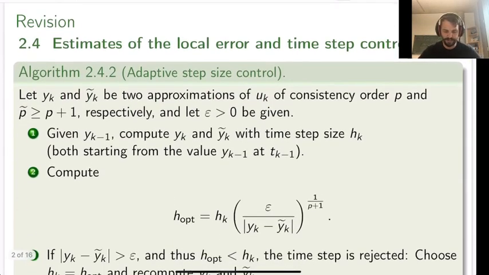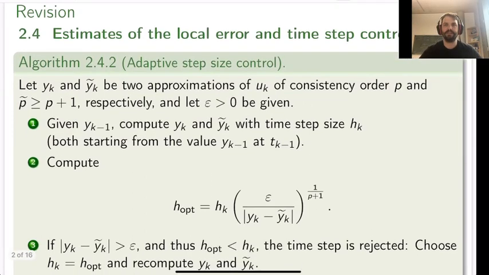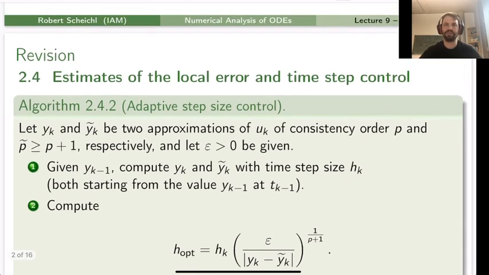I was showing you in the last video how in practice you can control, or make an algorithm that controls, the local error by controlling the time step size.